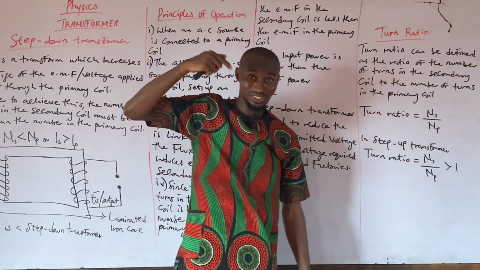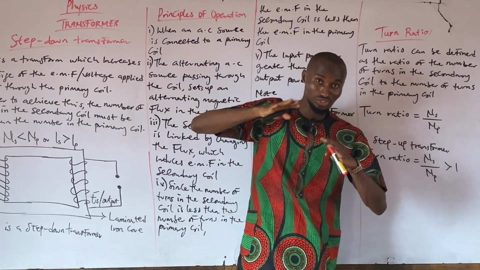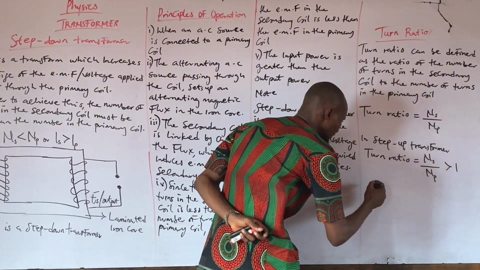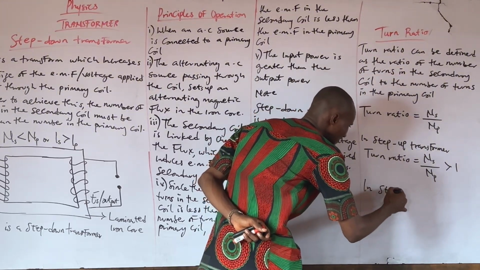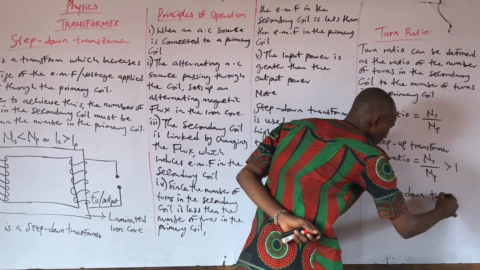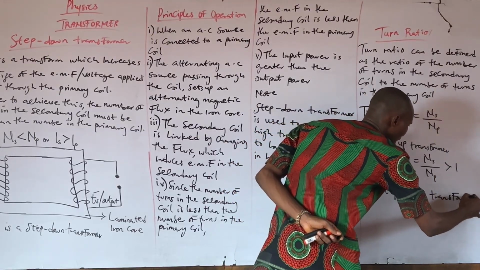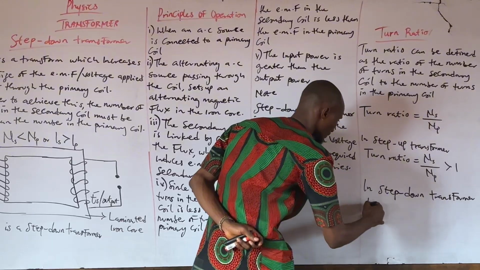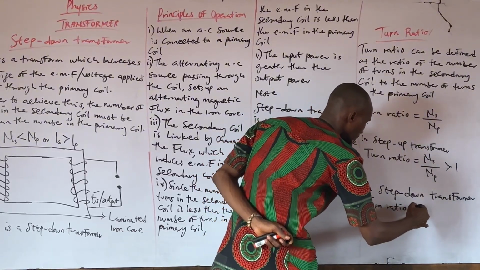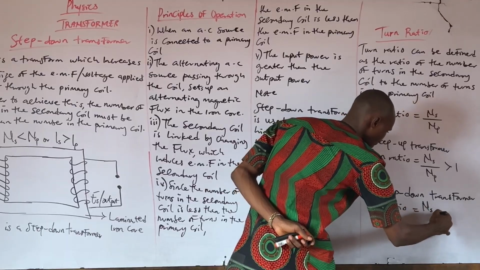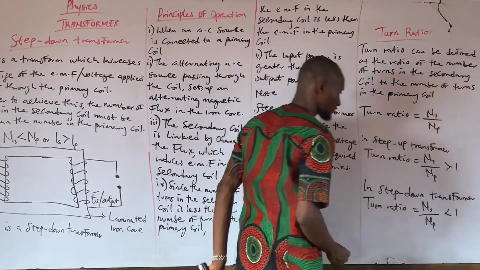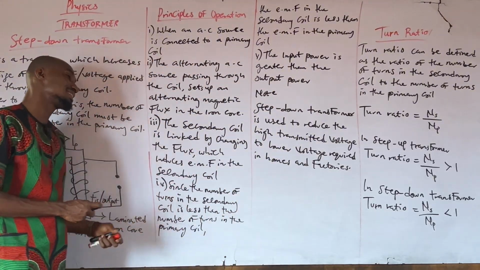You will understand later when we start calculation. This is still the introduction to transformer. But in a step-down transformer, turn ratio is equal to NS over NP, which is less than 1. That is it on turn ratio.